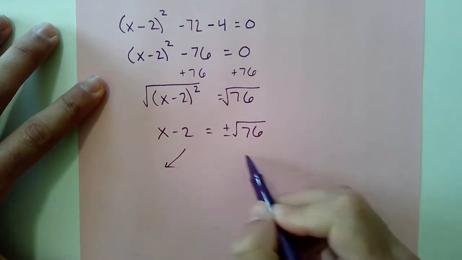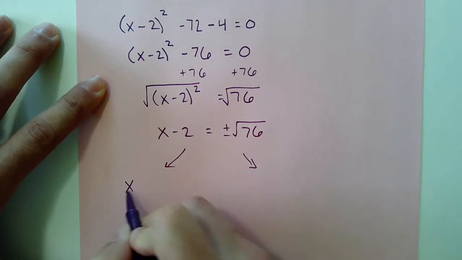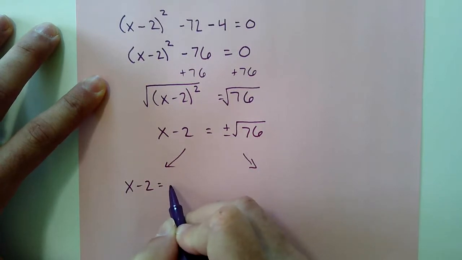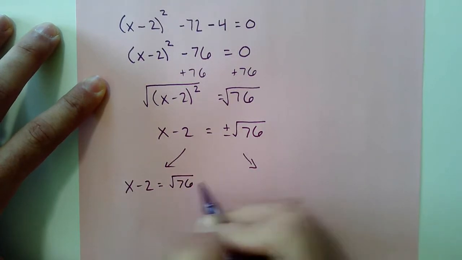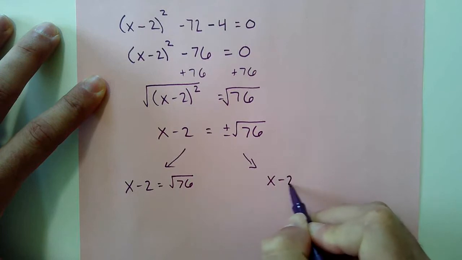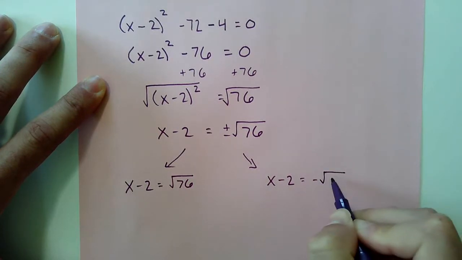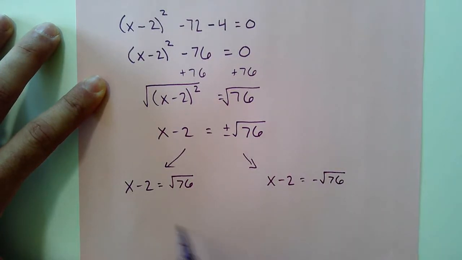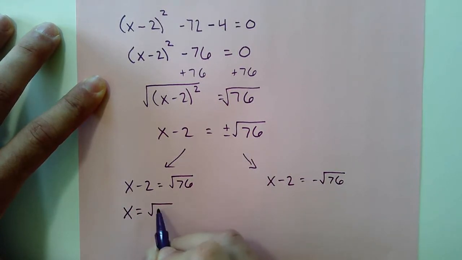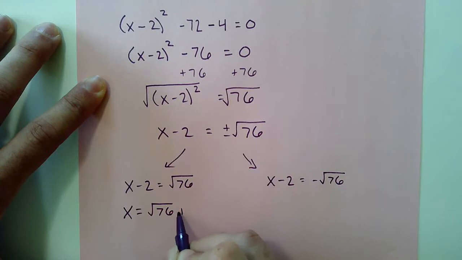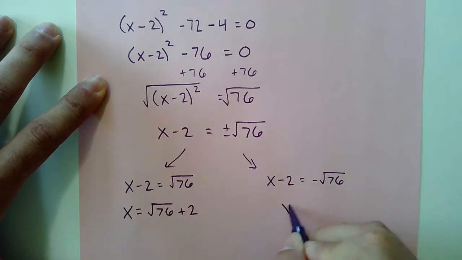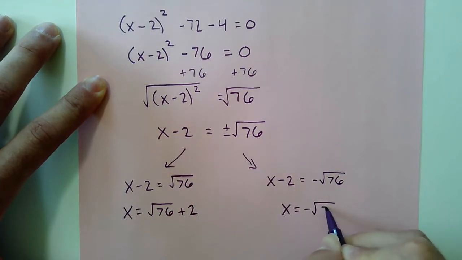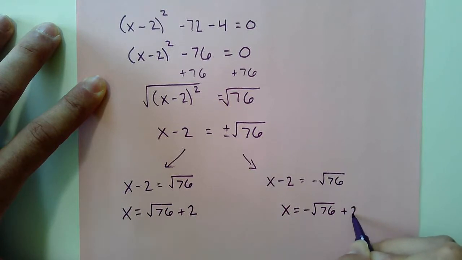This is going to split my problem into two separate equations. X minus 2 equals the positive square root of 76, and x minus 2 equals the negative square root of 76. Add 2. X is equal to the positive square root of 76 plus 2. And then on this side, x is equal to the negative square root of 76 plus 2.